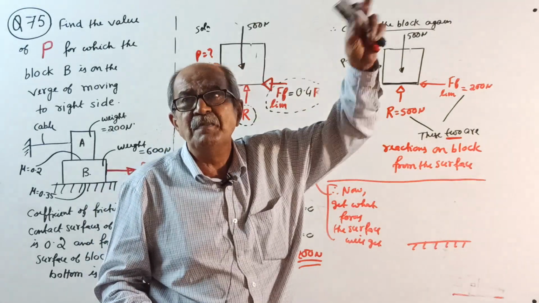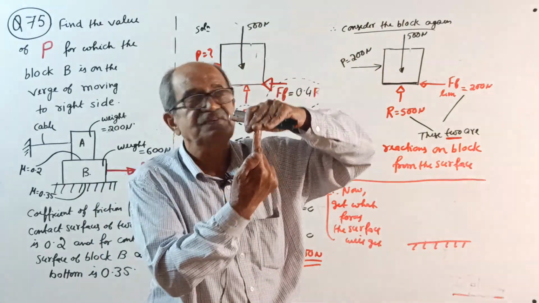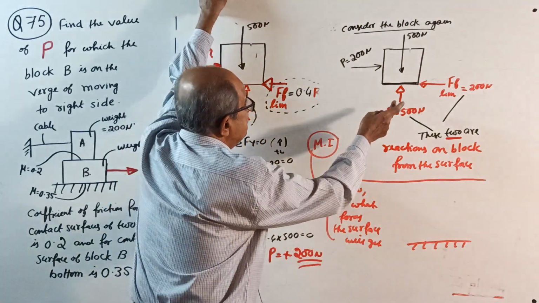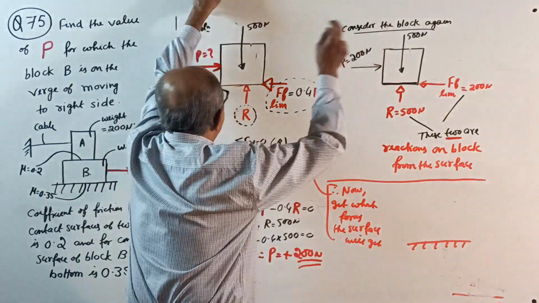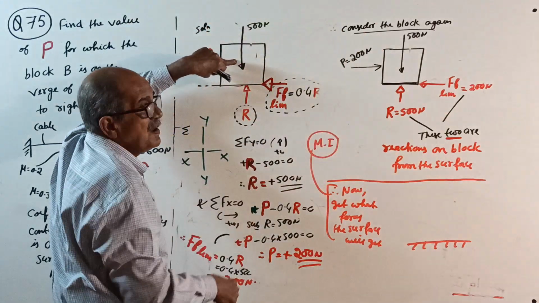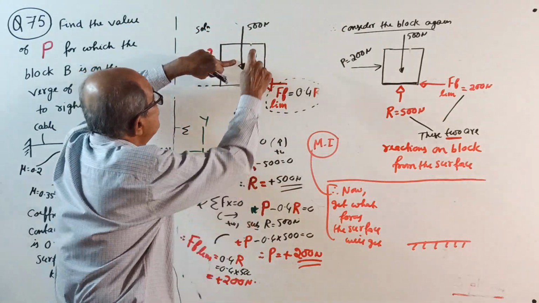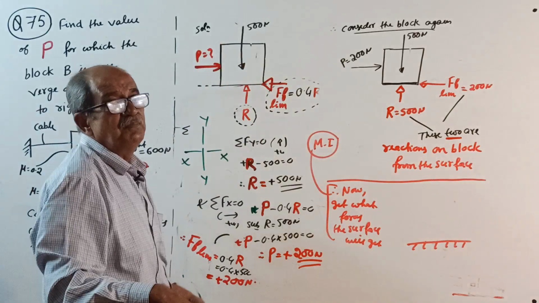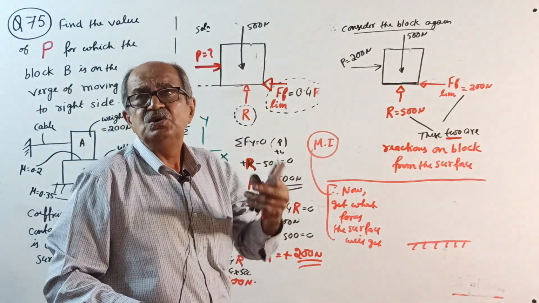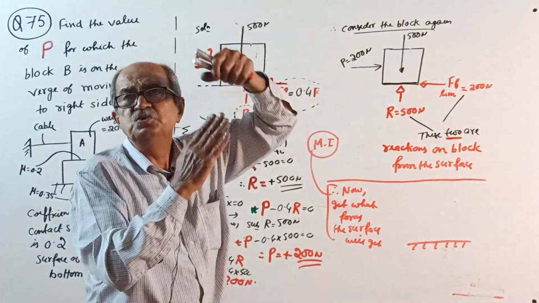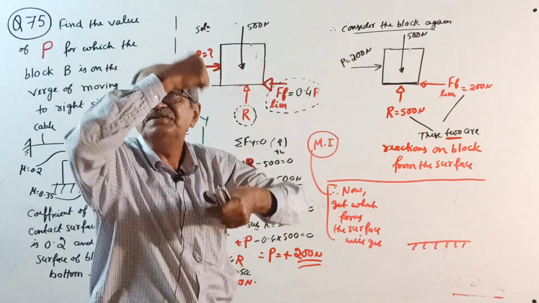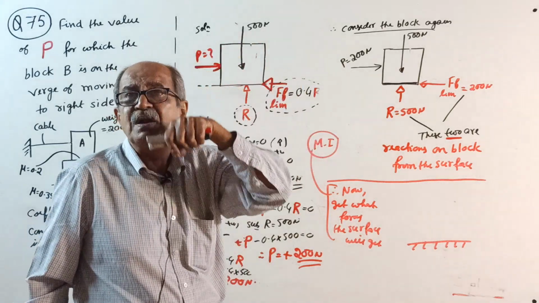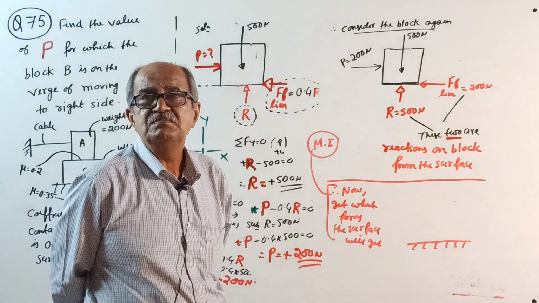From the supporting member to the supported member, we get reaction. Here there is no member, just a surface. The reverse is force transferred from the supported member to the supporting member.